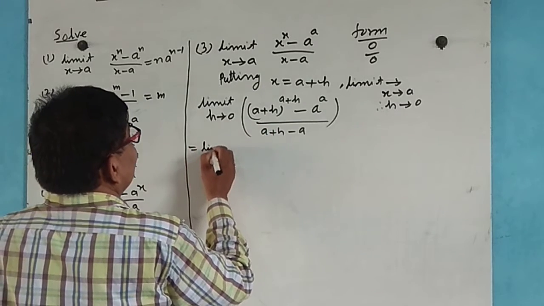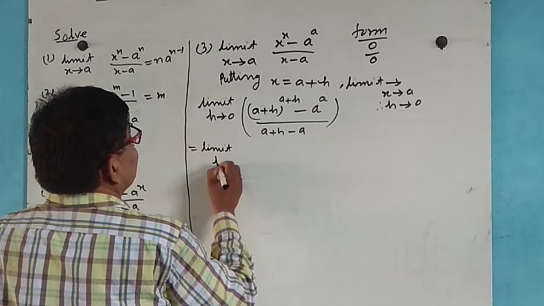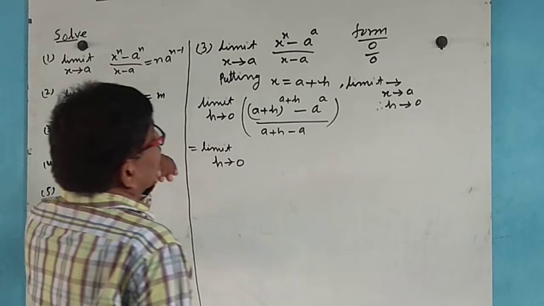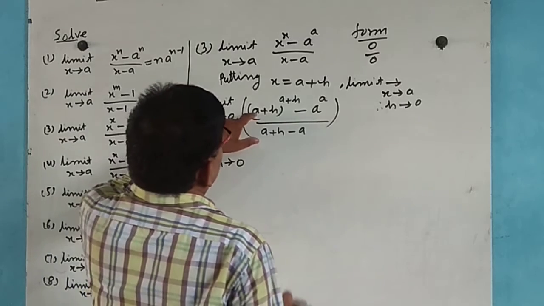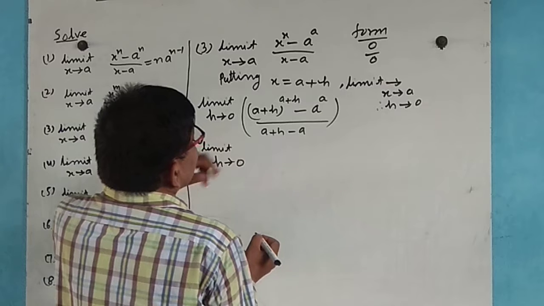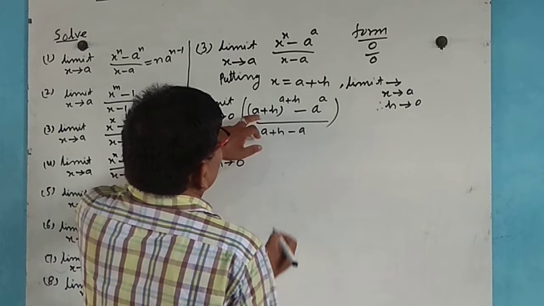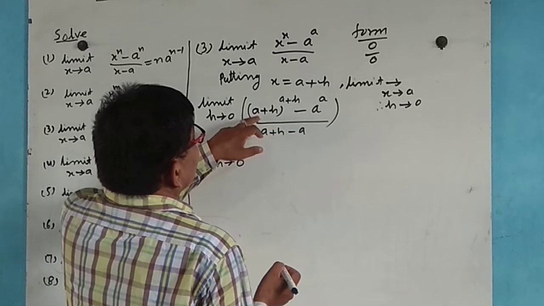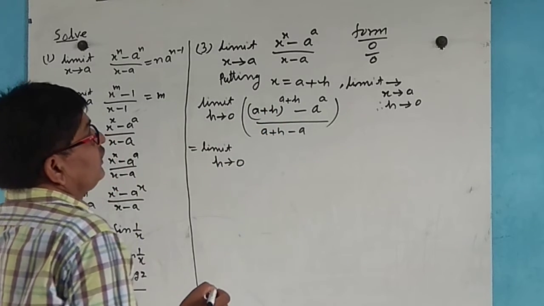Here limit h tends to 0, we take the common a. In this case a comes here, a to the power h.